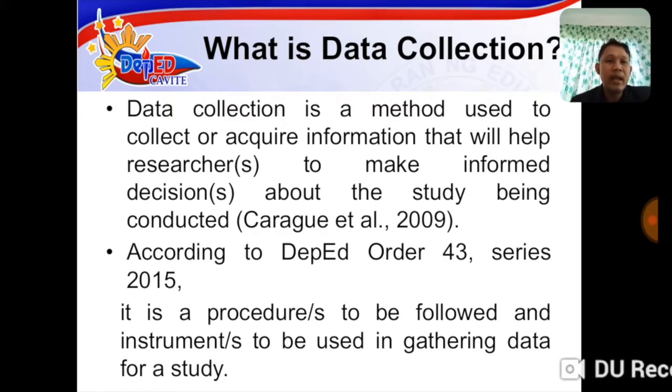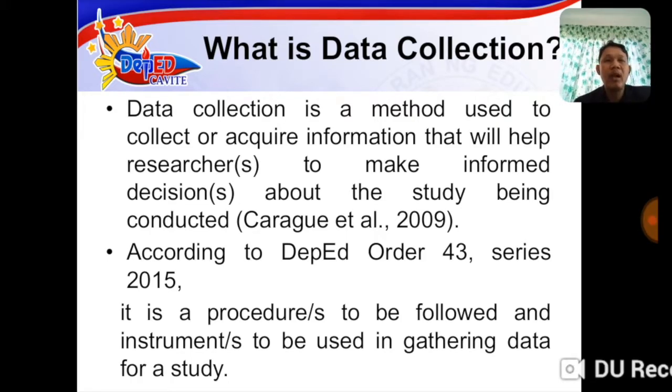So it boils down to, of course, the informed decision. In order for us to have this informed decision, we should have accurate data based on the research study that we are actually conducting.